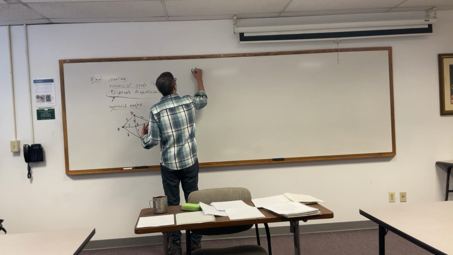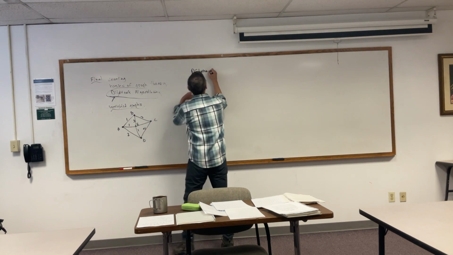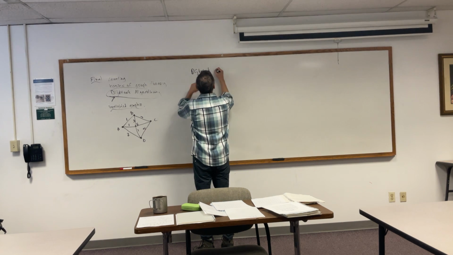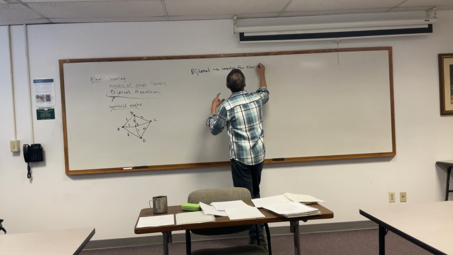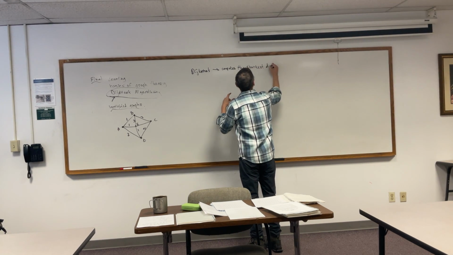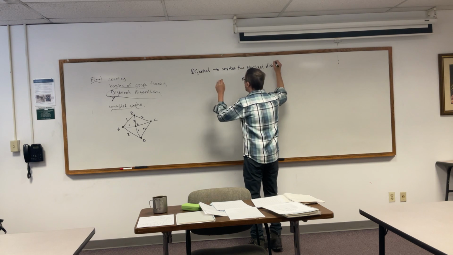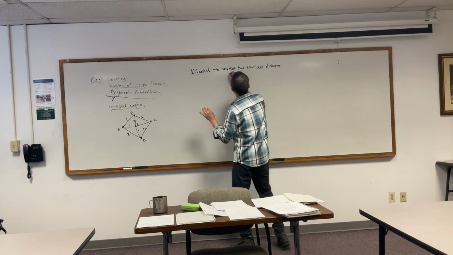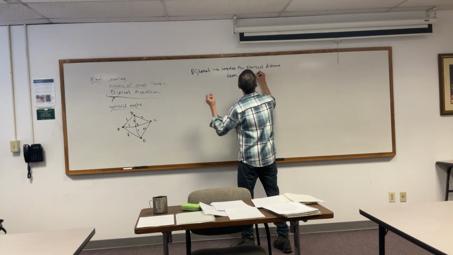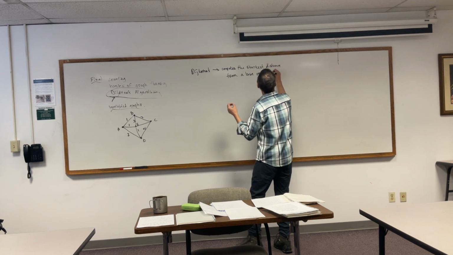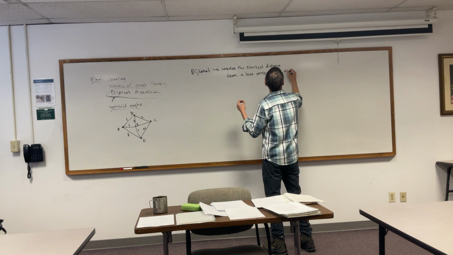So this algorithm, let me just kind of give you the basics of it, computes the shortest distance from one particular node, from a base node to all other nodes, from a base vertex to all other vertices.